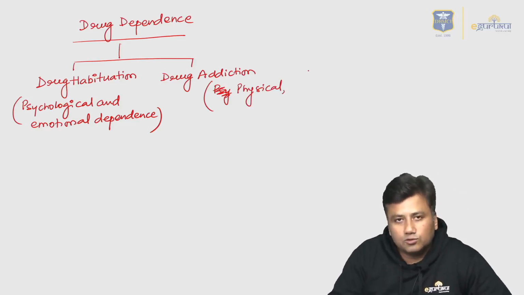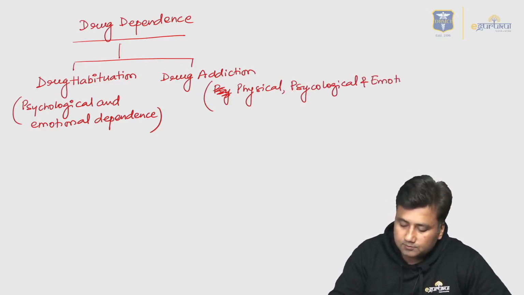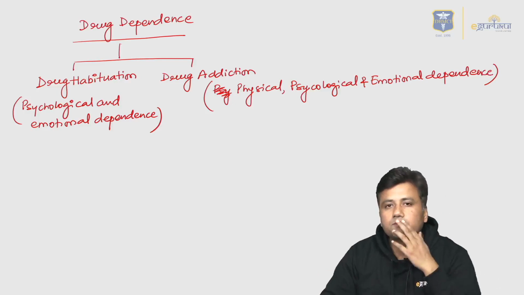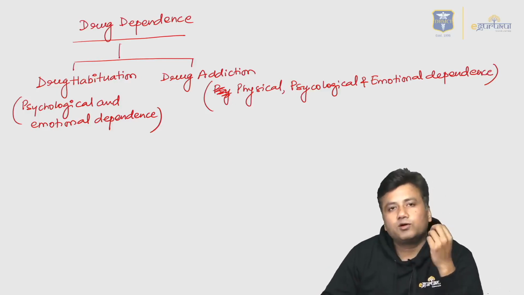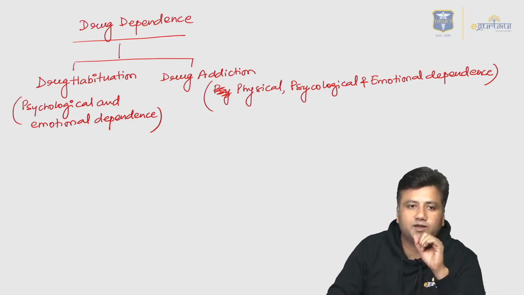It also, though, involves psychological and emotional dependence. Now, when we talk about drug dependence, there are basically 7 types of drug dependencies.